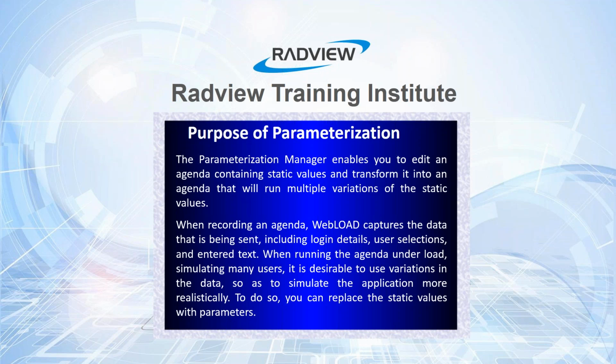So if during the recording the user you were logged in as selected certain things from the screen to go to the next screen, you may want to change some of those things and parameterize those so that they change during the script. This helps avoid caching, so that you don't get trapped in caching the same values over and over again, and as a result you don't really get true timings in terms of what your users are seeing.